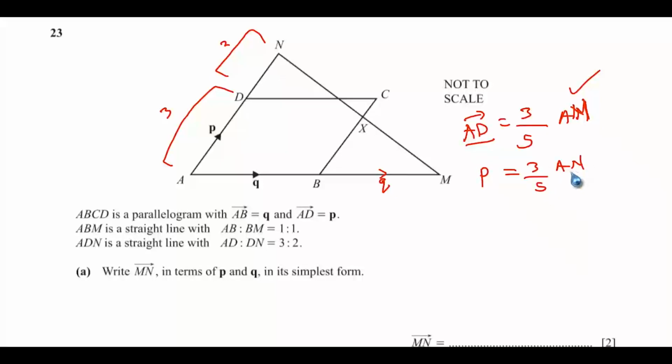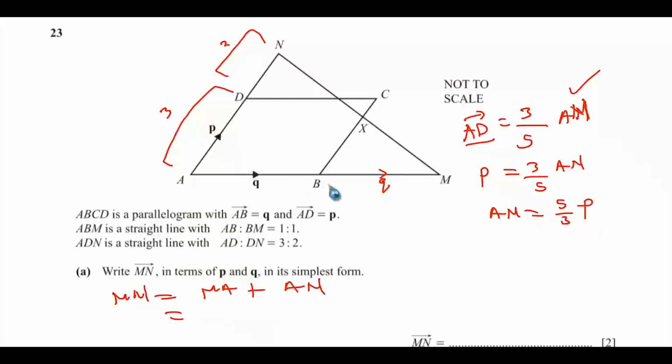So if you cross multiply and divide both sides by 3, AN will be equal to 5 over 3P. That will be AN. So I can say MN is equal to MA plus AN.